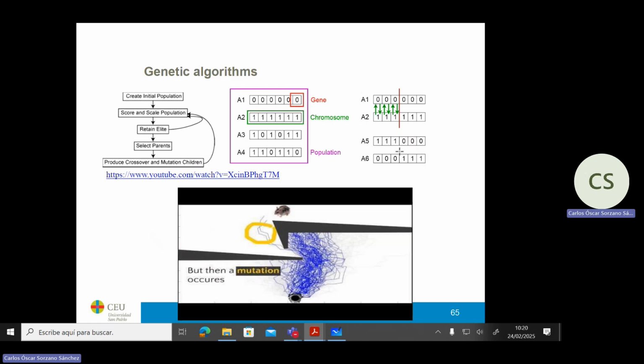From one generation to the next, there might be point mutations in the genes, and that point mutation may make you more fit, so your loss function is smaller. And the other one is interchange between chromosomes. So in sexual reproduction, you take part of the genes of the mother, part of the genes of the father, and then you mix them, and that is a new individual. And then that new individual might be better fitted.